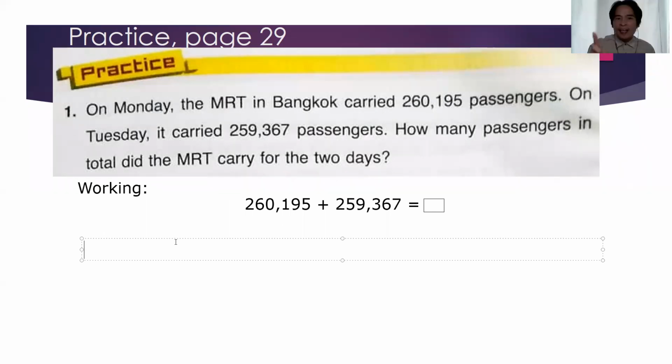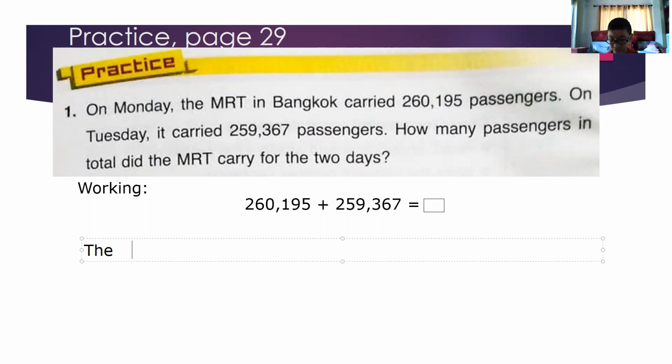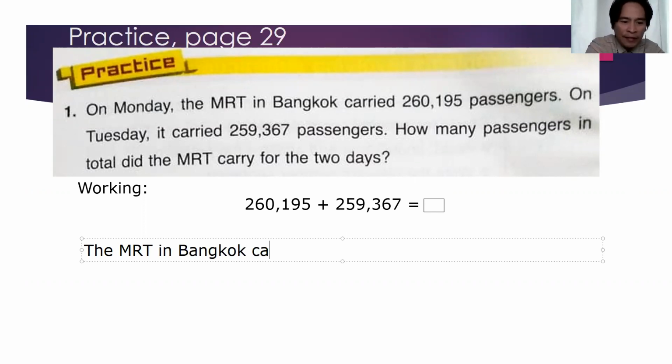Remember, the shorter the sentence, the better. The MRT in Bangkok carried 260,195 passengers. Very good.